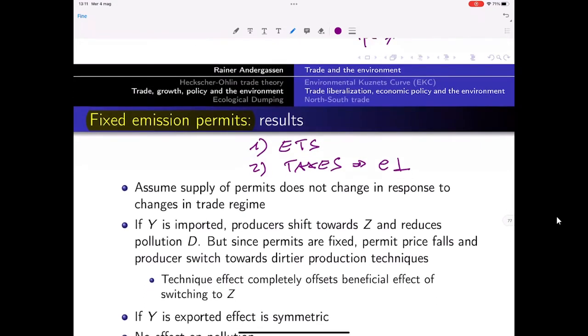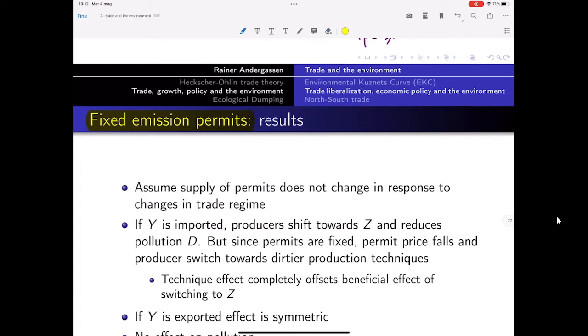Now consider first of all permits. Here it is assumed that changing the trade regime does not change the number of permits that you have. So if, for instance, you reduce delta, this does not change the quotas, so it does not change the overall number of certificates that are available in the economy.